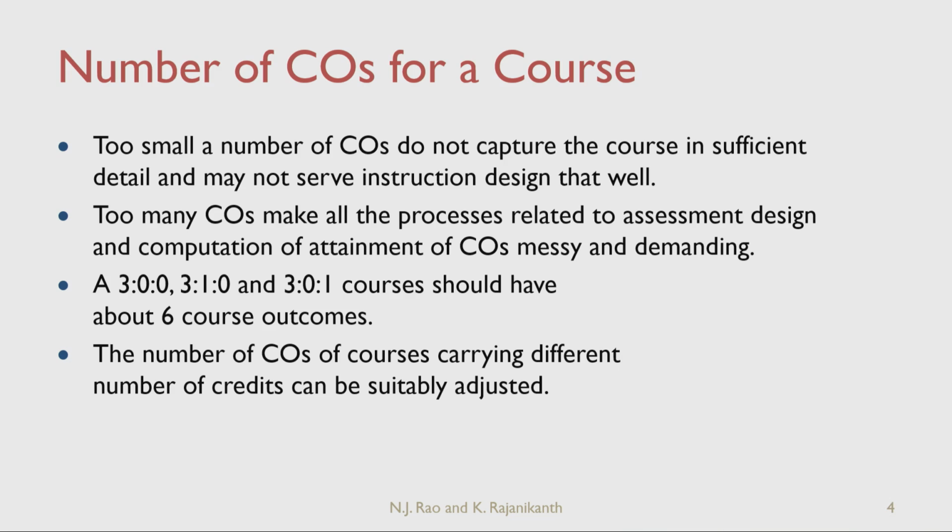There is no hard and fast rule as to the number of outcomes, but by and large, it tends to be 6 plus or minus 2 course outcomes for a typical 3 or 4 credit course. The number of COs of courses carrying different number of credits can be suitably scaled and adjusted.